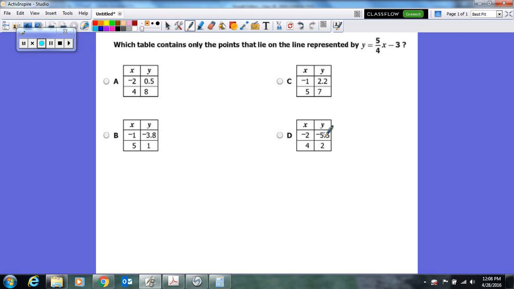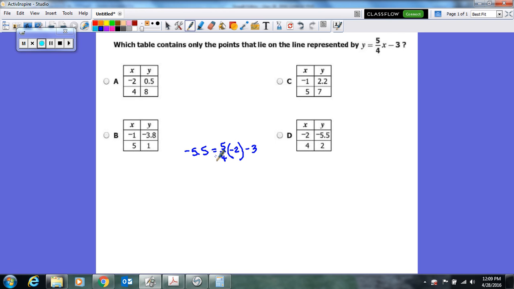So we plug in a -5.5 for the y. So -5.5 equals 5/4 times the x, which is -2, and minus a 3.